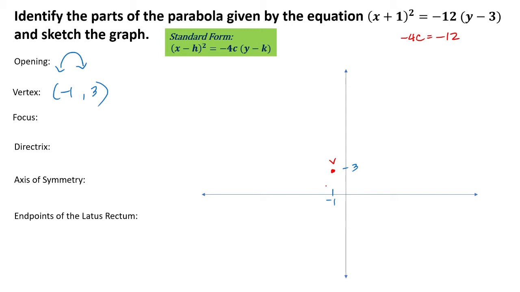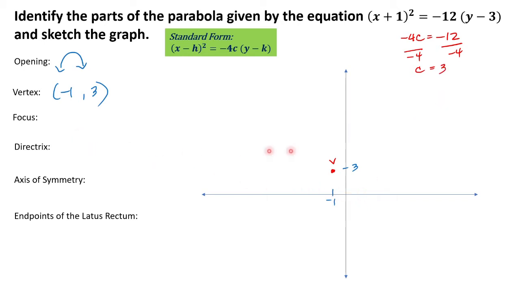Now for our focus, that would be south of our vertex because this is facing downward. And we need the c value to get the distance. So I would be dividing this by negative 4 so that I can have c is equal to negative 12 over negative 4, which is positive 3.